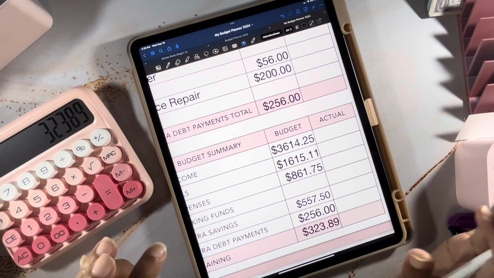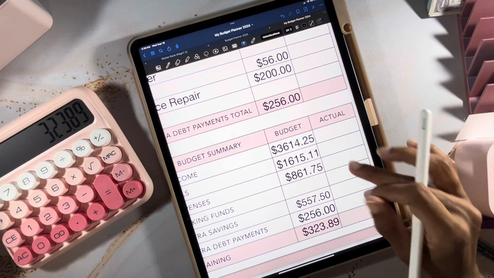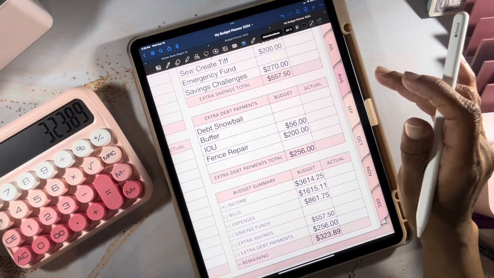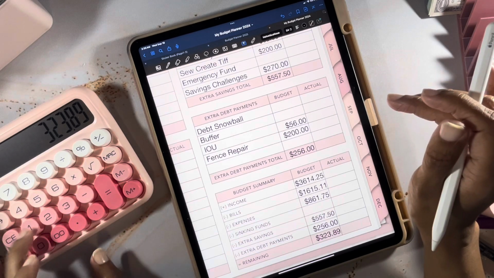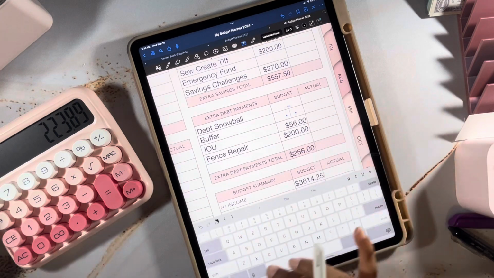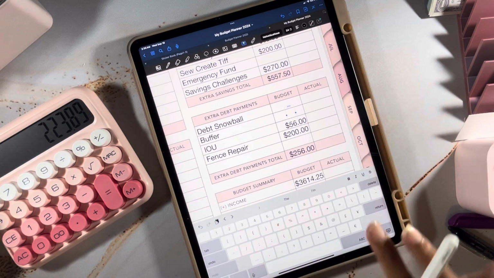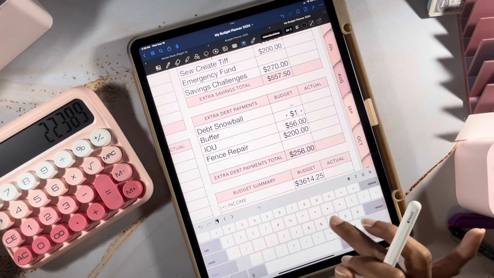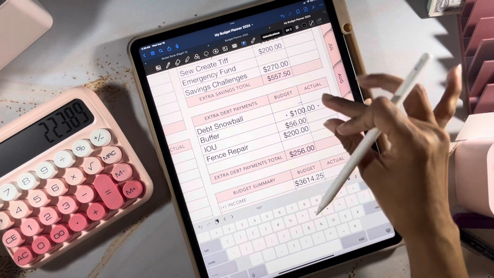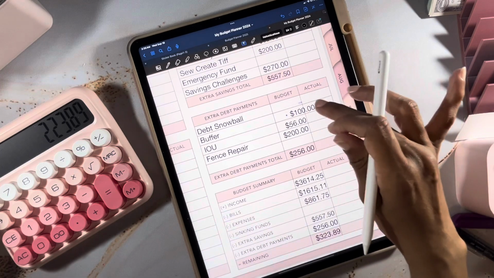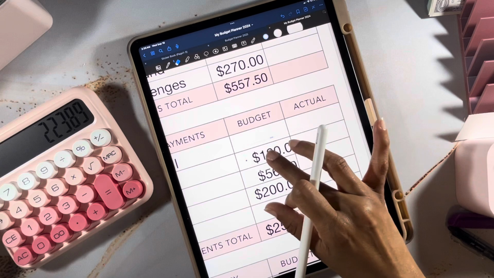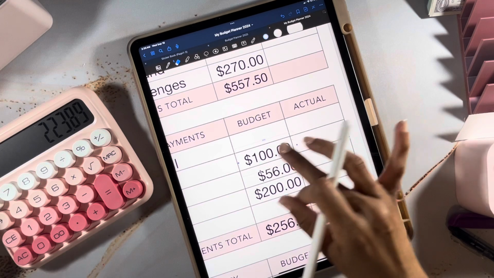Okay, so that's correct. So what I'm going to do here is we're going to say minus 100, because I'm going to put that here to my buffer, because I just want to leave $100 in my account just as a buffer. And then also with my paycheck, it usually is a little off.